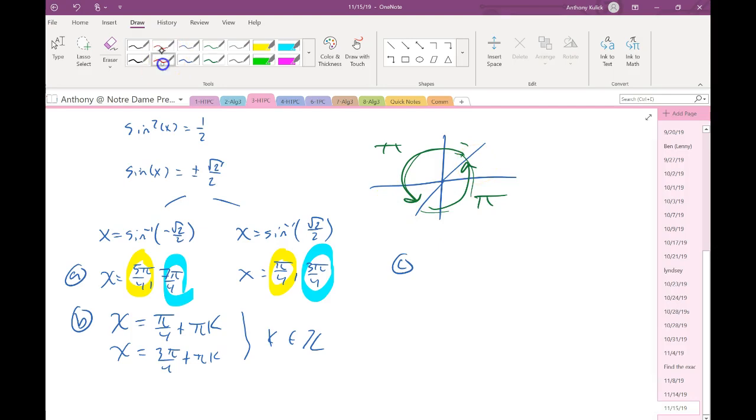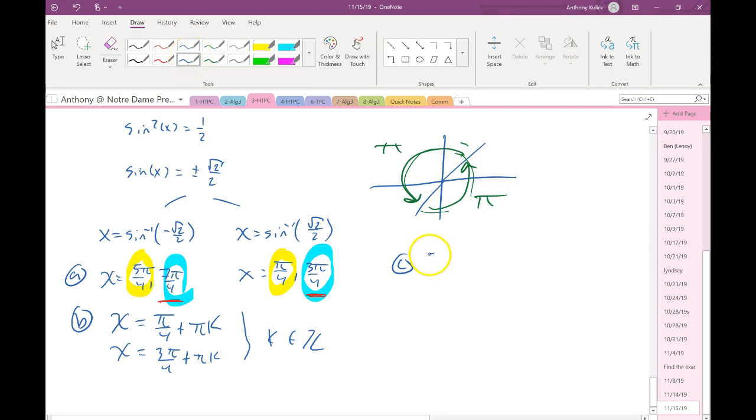It allows me to condense down. That only works when you have two things that are pi units apart. They have to be pi units apart, or you can't condense them together. You just get two answers with 2 pi's. But that just allows me to shorten things up a little bit.